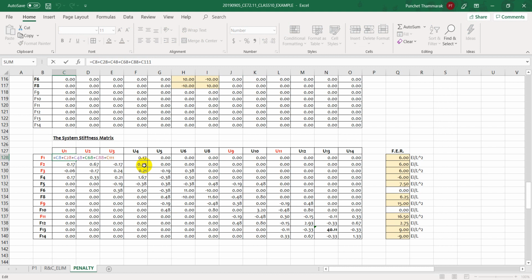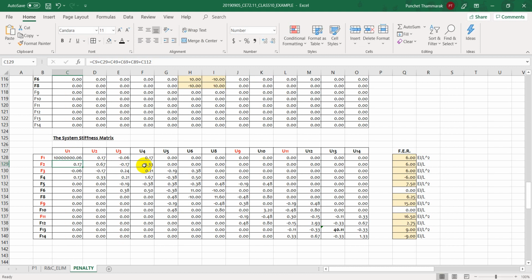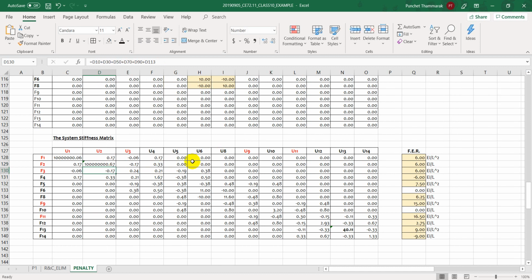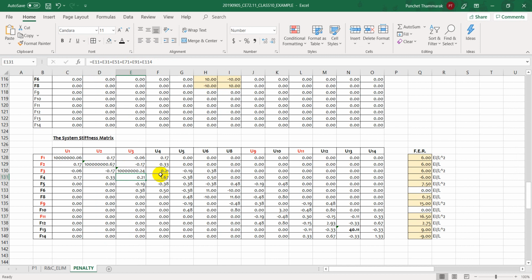So first of all, plus 10 million. This could be a good number. For you to make it 100 million. Actually, 10 million or 100 million, even though they are different kinds of degree of freedom, that is going to work.